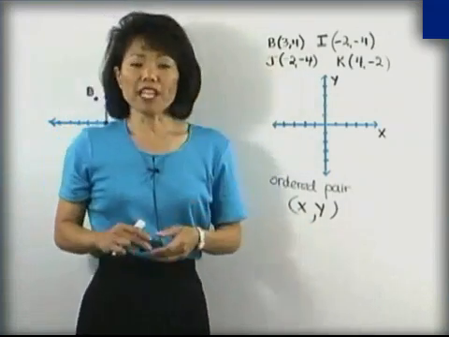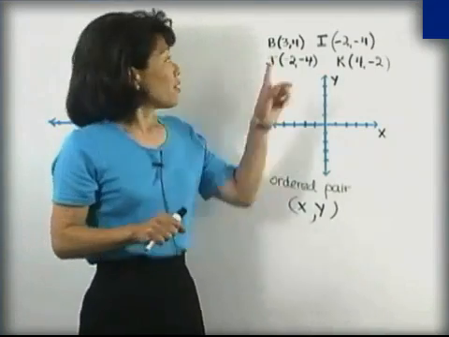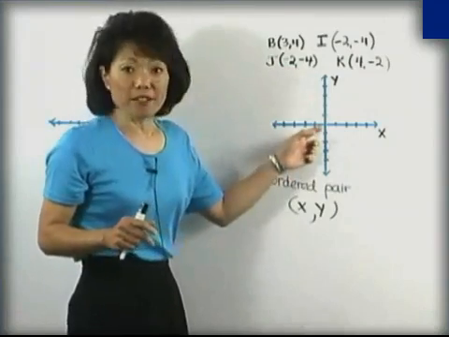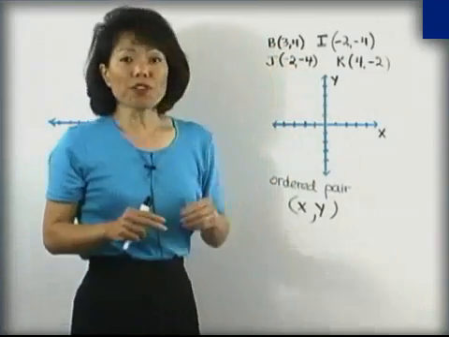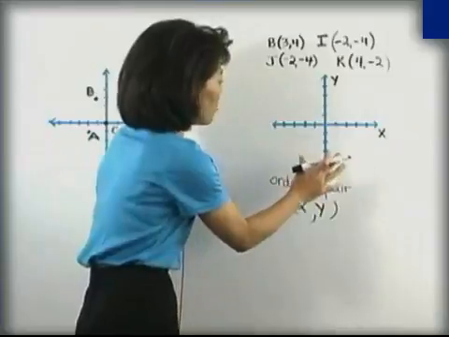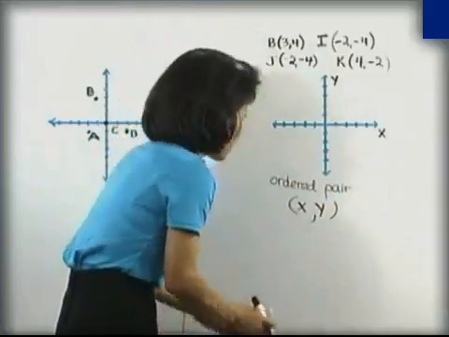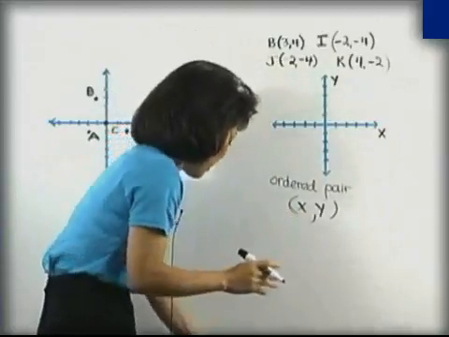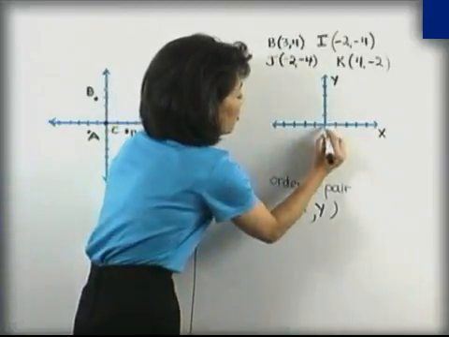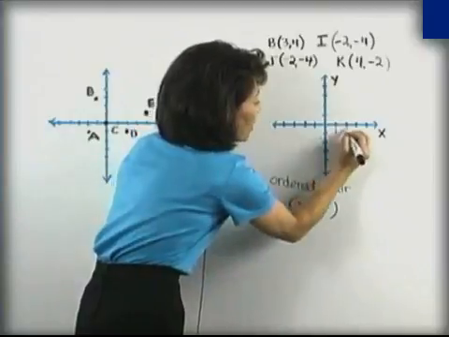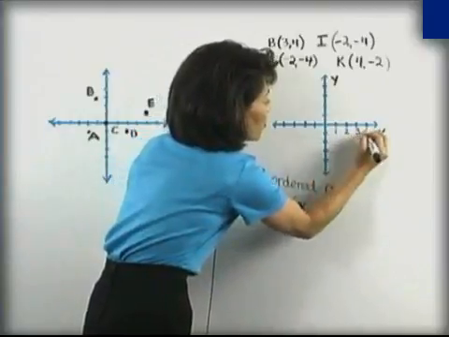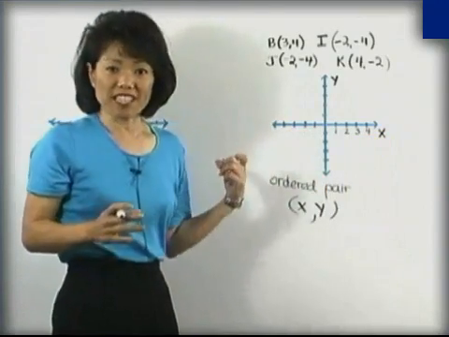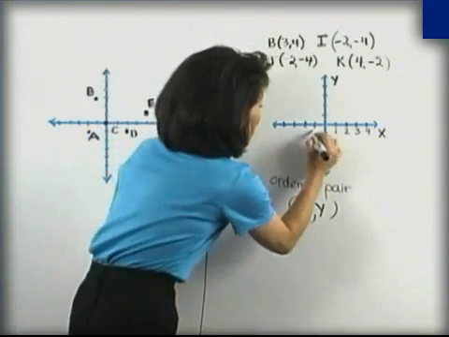So in the first problem here, where we're going to plot the point 3 comma 4, what that means is this. We start right here at the origin, the place of beginnings, and since our x coordinate is 3, what that means is the following. First of all, let's decide which way do we have positive numbers. Well, along the x-axis, starting at the origin, if we move towards the right, these numbers are positive. Starting at the origin again, along the x-axis, when we go to the left of the origin, our numbers are negative.